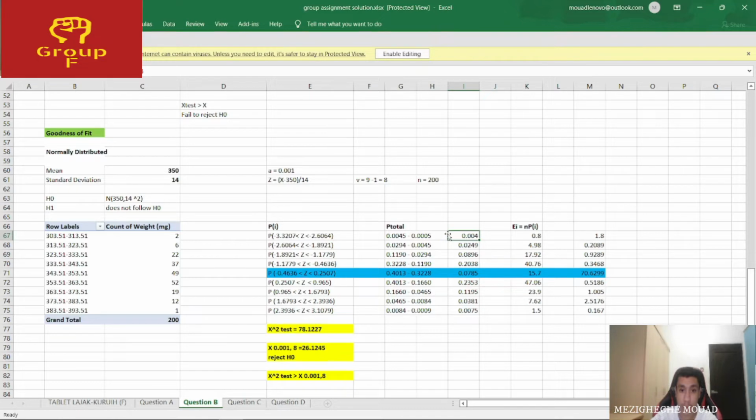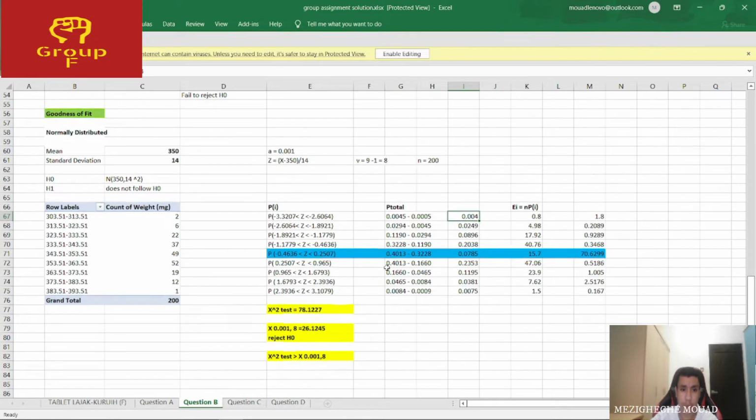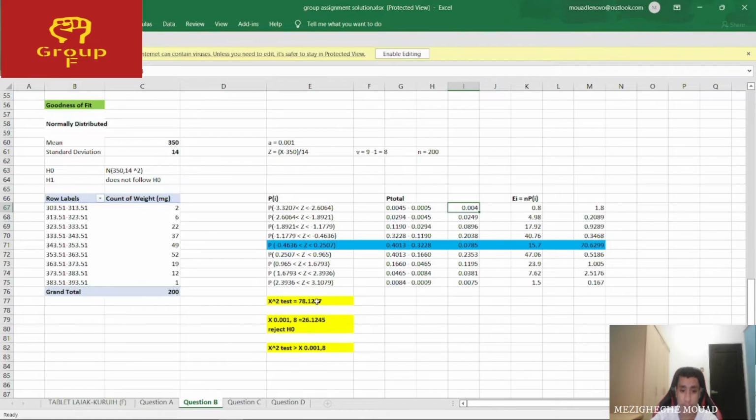We found the total E. After that, we are going to use the x square test, which is going to be the sum here. As we know, we have the value of x with alpha going to be 0.01, and our freedom is going to be the V here, it's going to be 26.